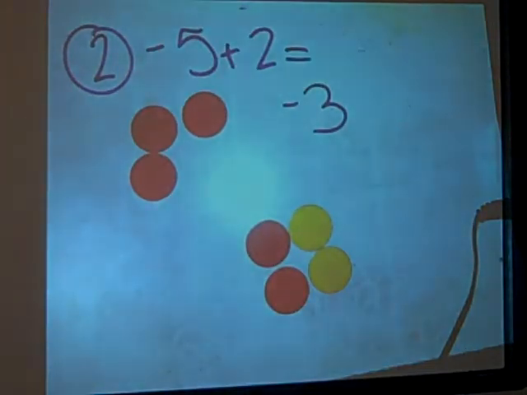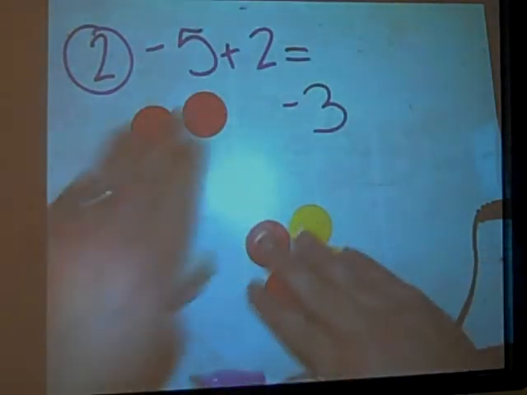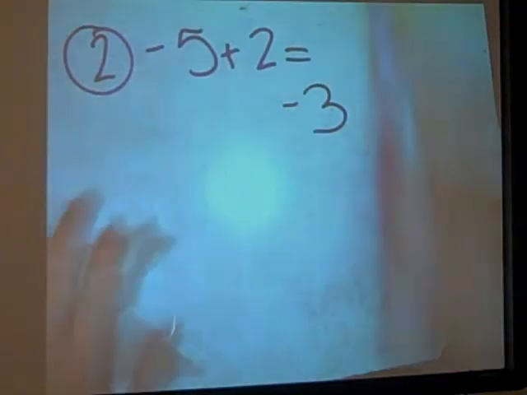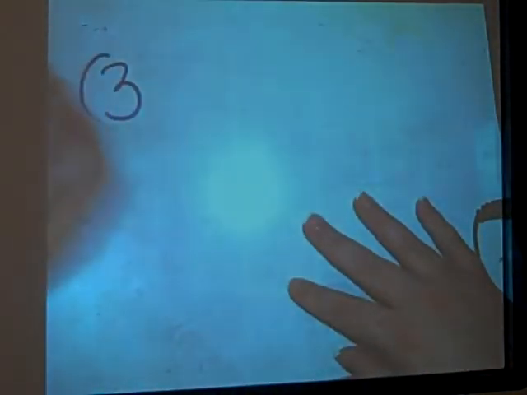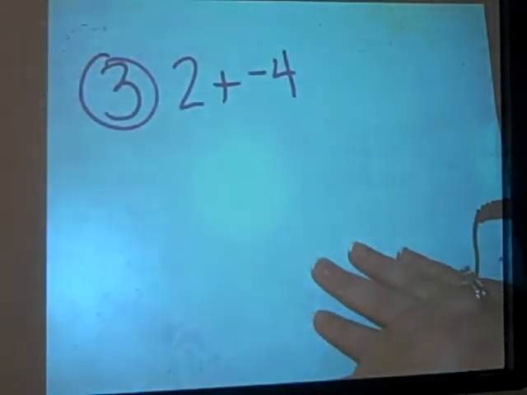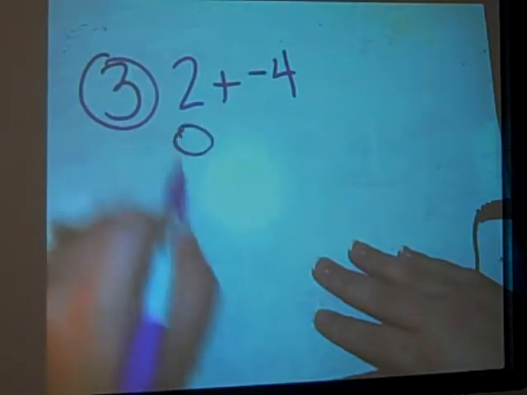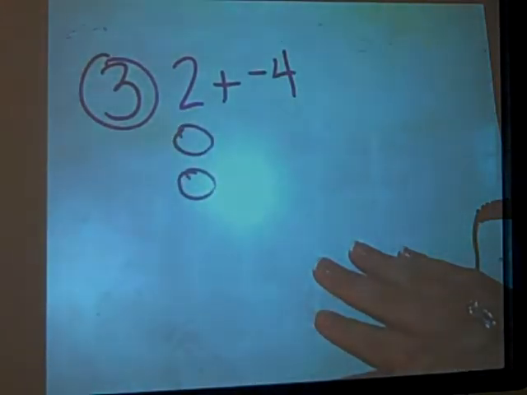So let's look at it if we were to do it drawing out, because that's what you need to do at home. If we had something like 2 plus -4, my first number is +2, so I would want 2 unshaded circles.